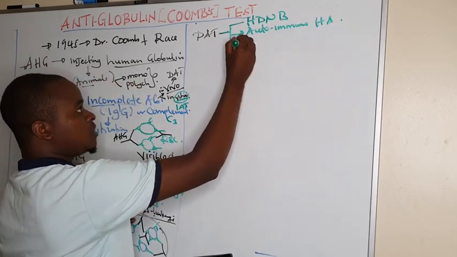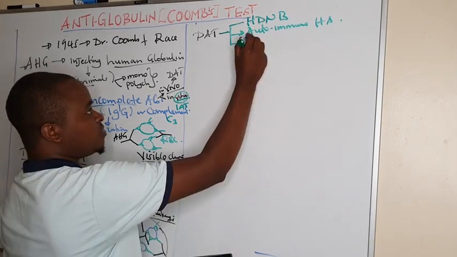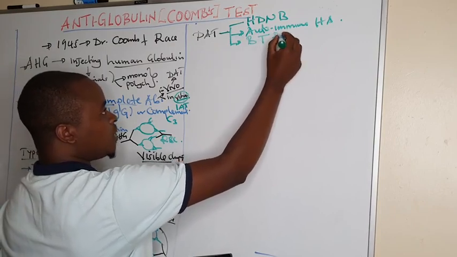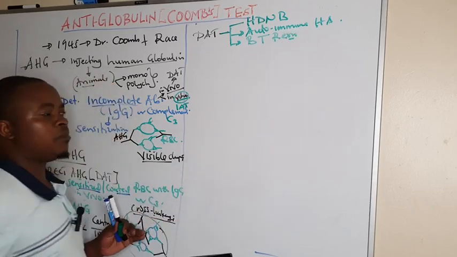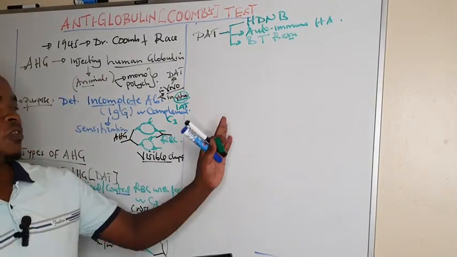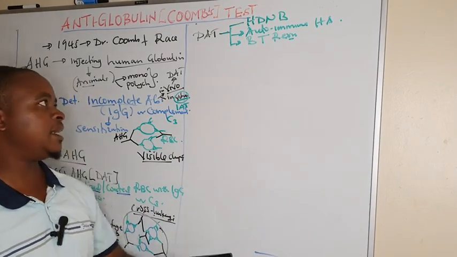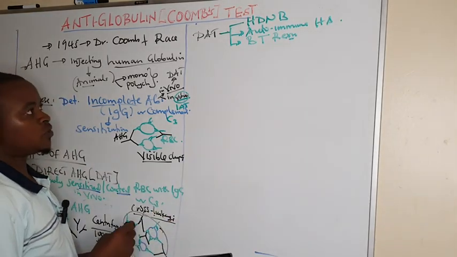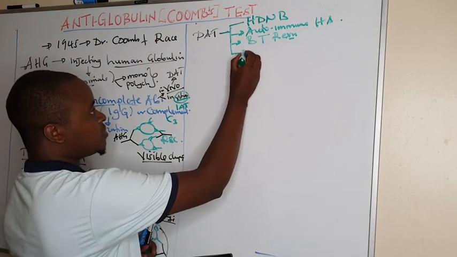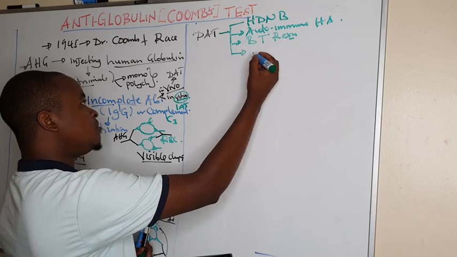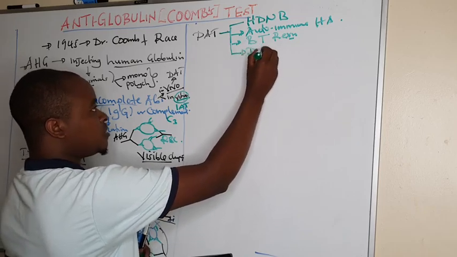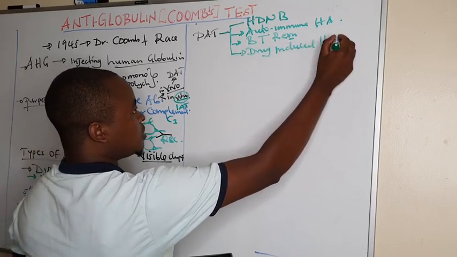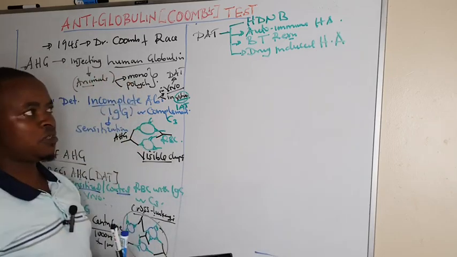It can be used to detect blood transfusion reactions, blood transfusion incompatibility reactions. So if someone is given a wrong blood group, which results in transfusion reactions, they can be demonstrated by doing direct Coombs. And lastly, we can also do direct Coombs to rule out or demonstrate drug-induced hemolytic anemias, or what we call hemolysis.